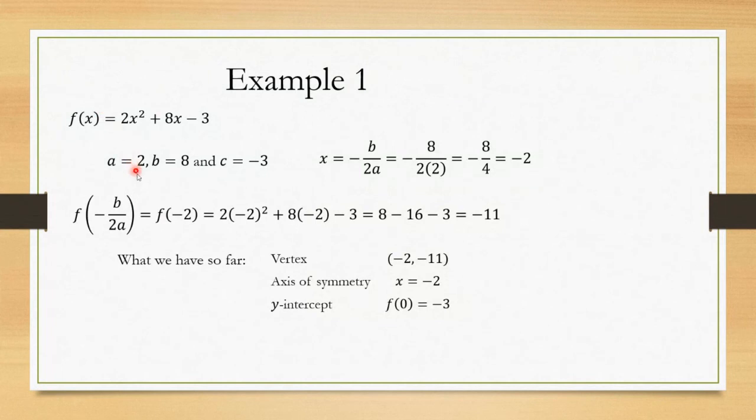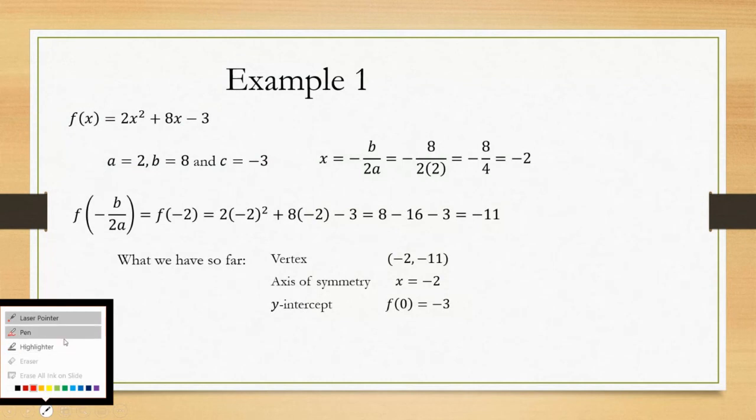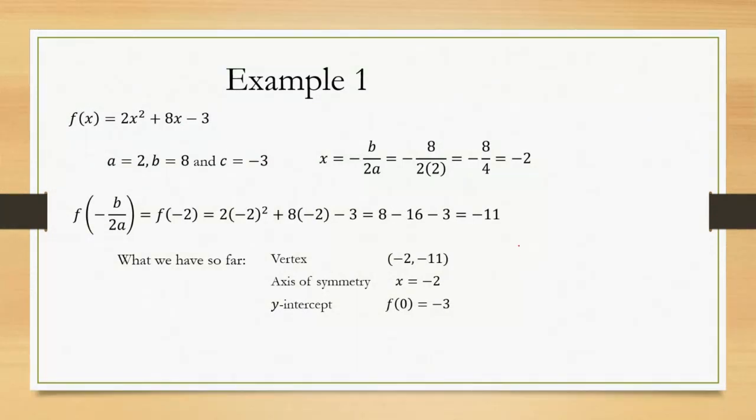Notice that since a is 2, which is positive, we can actually get a lot of nice information. For one thing, we know the graph is going to open, let's see if I can draw this right, upward, like so. The vertex is at the very bottom, so this is where the vertex is. Let me see if I can draw an arrow to it.